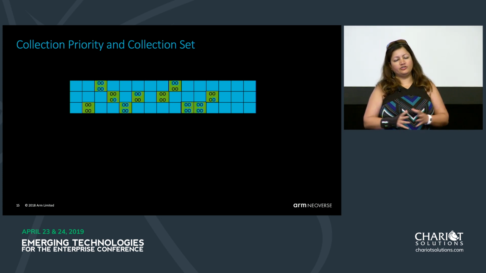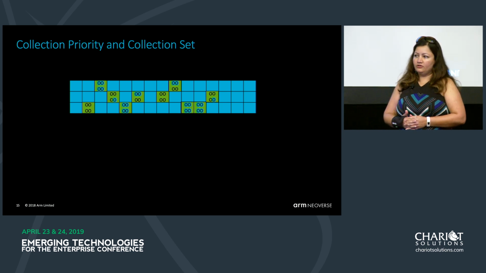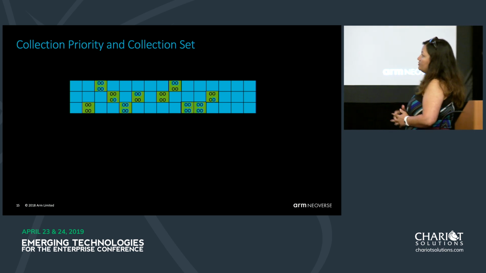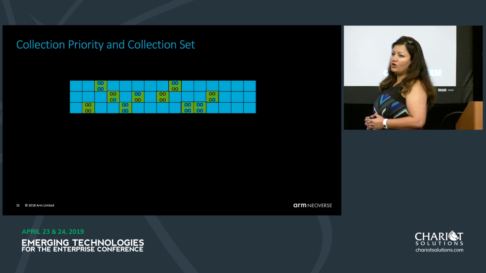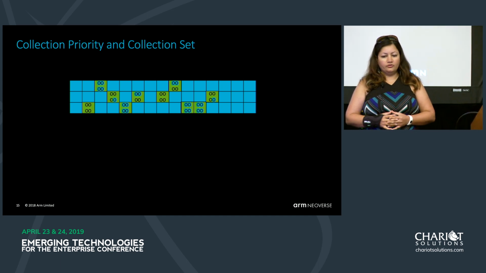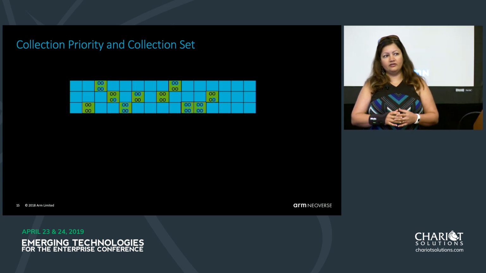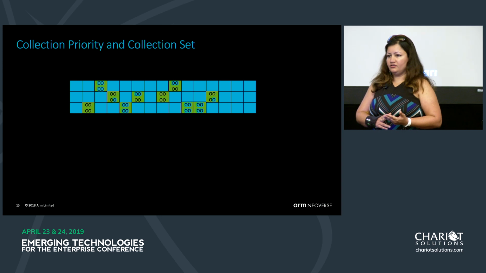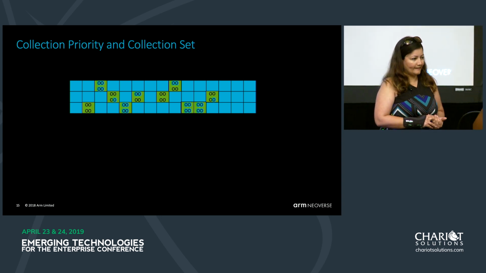Remember I mentioned thresholds once we reach a particular occupancy. Once we do reach that occupancy, how do we decide what we want to move? The primary way it's decided for all three collectors is regions with the most garbage.